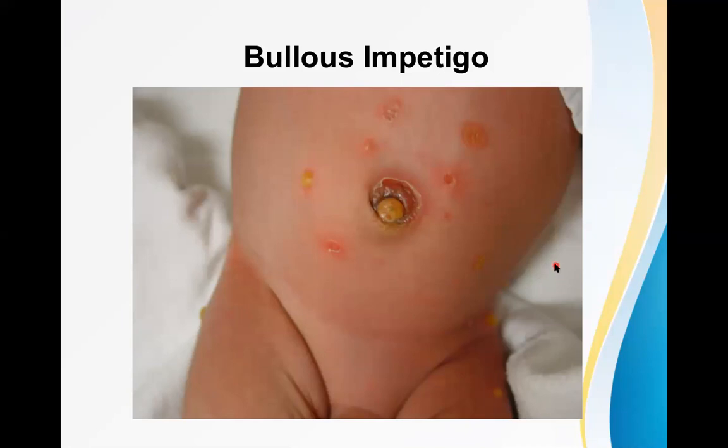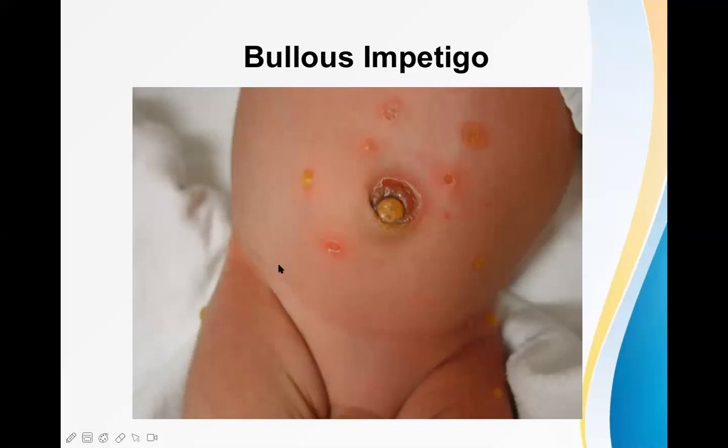Good. Irfan and Junaid are answering. So first you say antibiotic, then you have to take a few names of antibiotics which are specific to Staphylococcus, because this is a bullous type of impetigo. So you can say flucloxacillin, cloxacillin, nafcillin, or you can also go for some other variety.